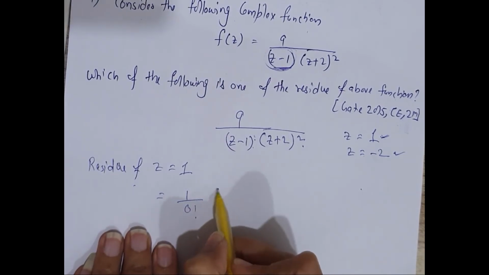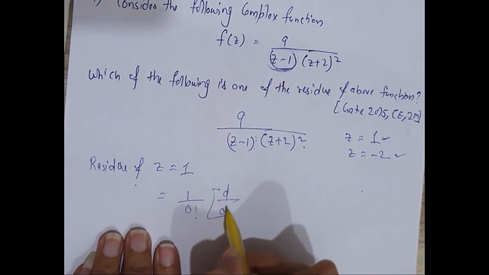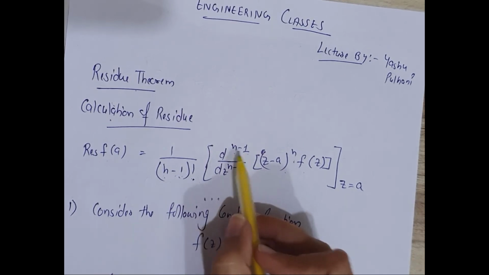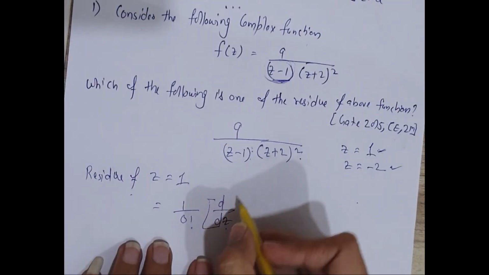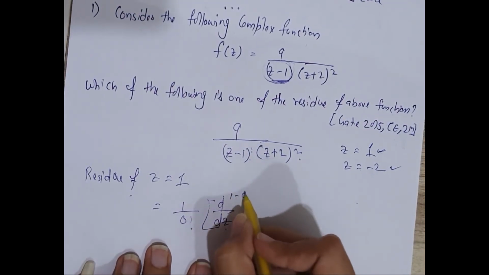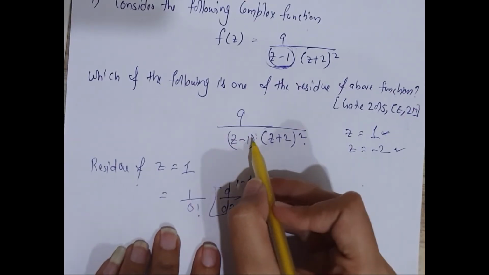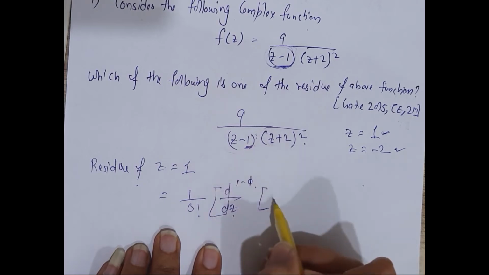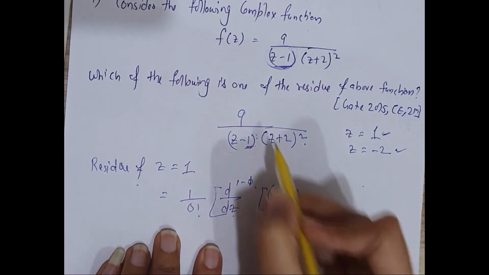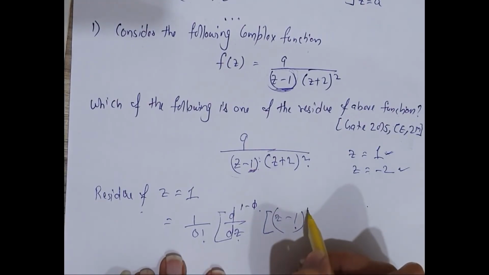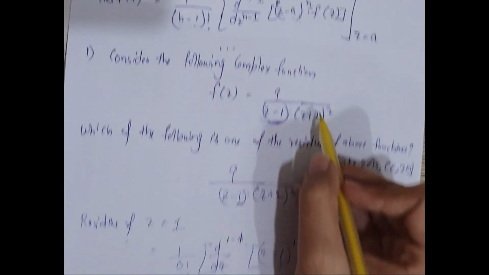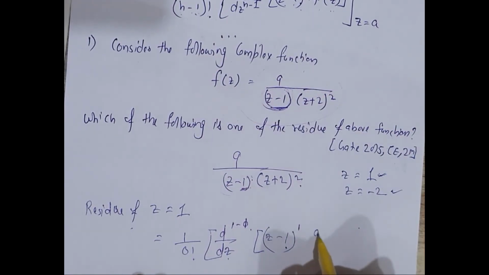So 0 factorial, differentiation with respect to z, n minus 1, that is 0, (z minus a) raised to power n. It means that this function, this is a, (z minus 1) raised to power n means 1, f(z). What is f(z) here? This function is f(z). Write it.